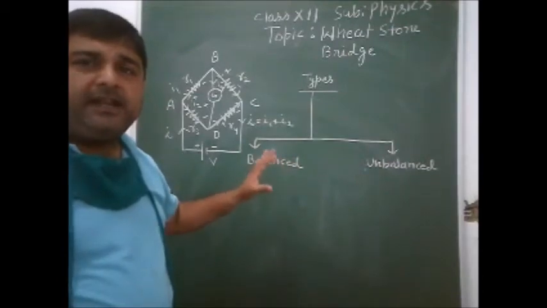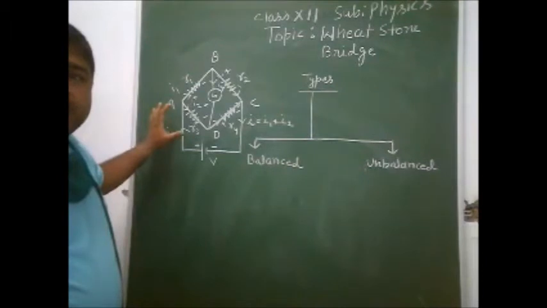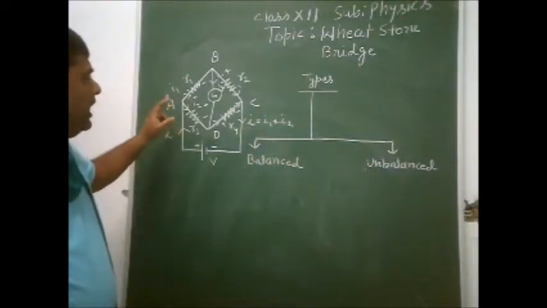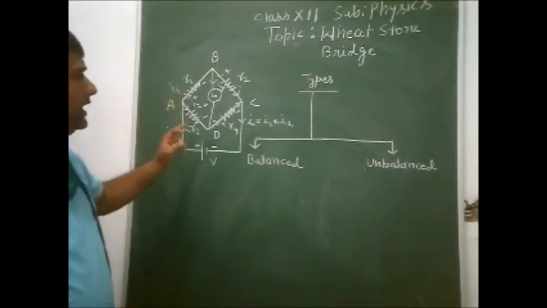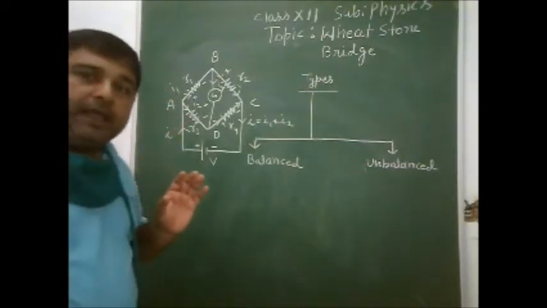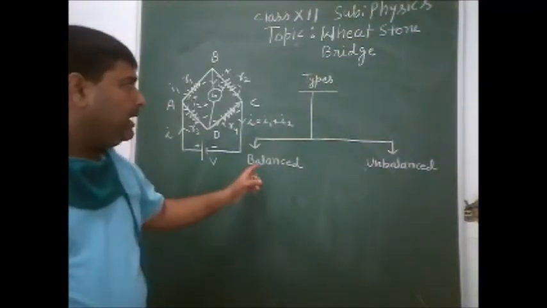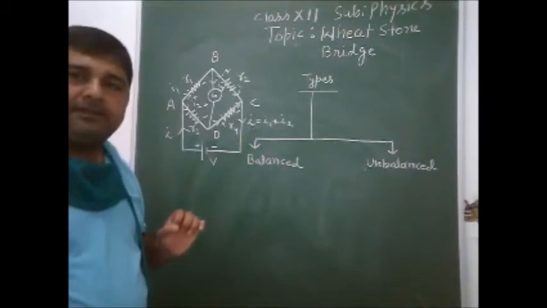This entirely depends on the conditions of the arms connected in AB, AD, BC and DC arms. In your CBSE syllabus you have balanced Wheatstone Bridge.